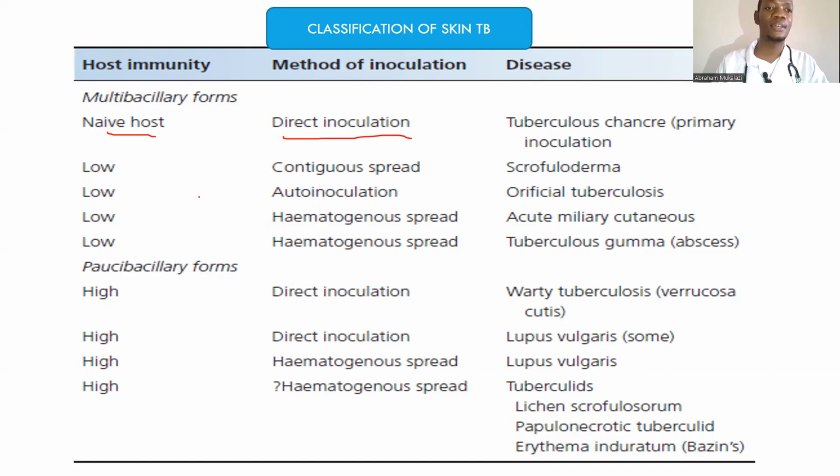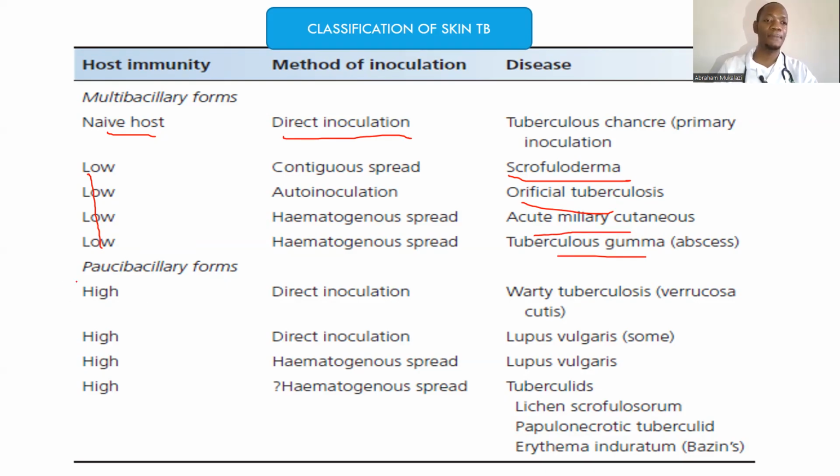And then sometimes someone can just have a low immunity. So if your immunity is low, then depending on the spread, you can get different skin manifestations. We're going to look at all of these: the scrofuloderma or orificial tuberculosis, then acute miliary cutaneous TB, and then the TB abscesses, also called tuberculous gumma.